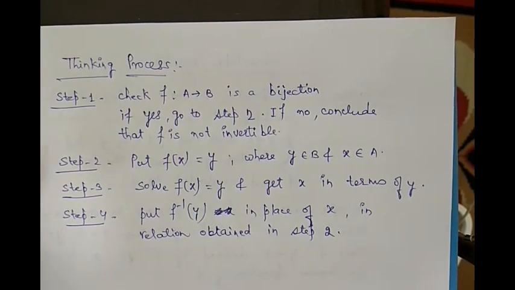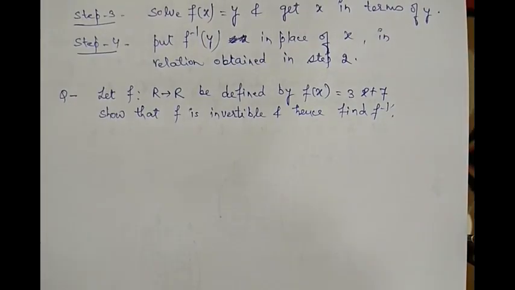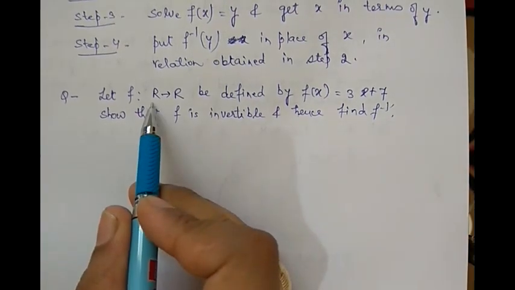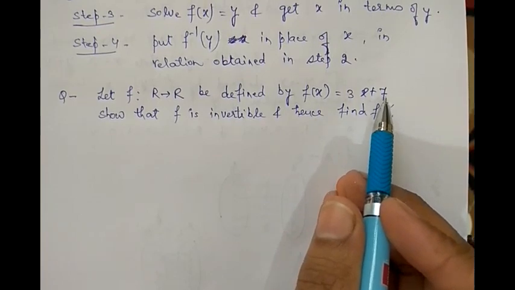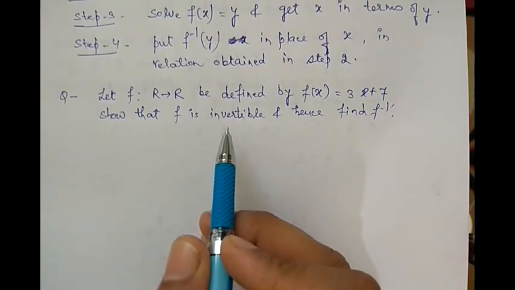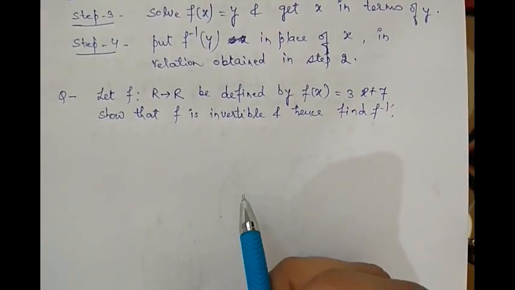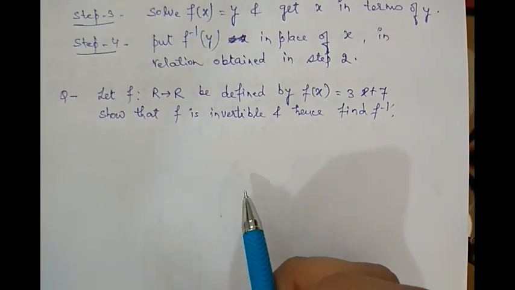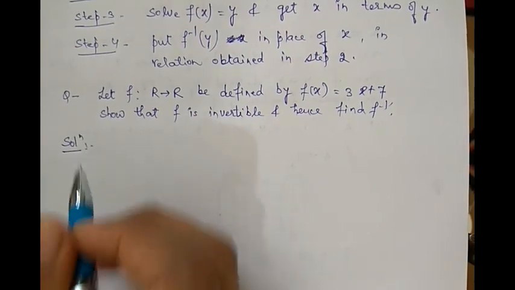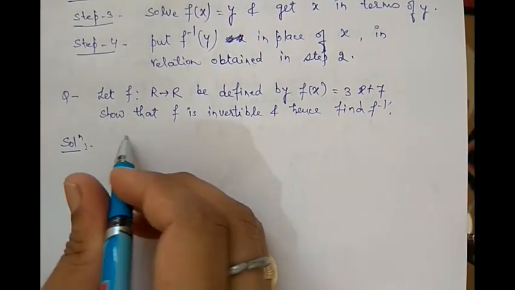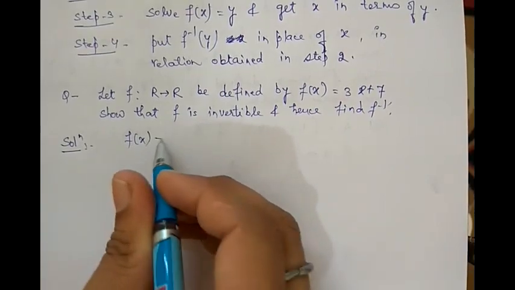Now we will take one example and try to understand what we have to do in these kinds of questions. So the example is, let f be a function defined from real numbers to real numbers, defined by f(x) equal to 3x plus 7. Then we have to show that f is invertible and hence find f inverse. So now the solution is, in the first step, note down the value of f(x) given.